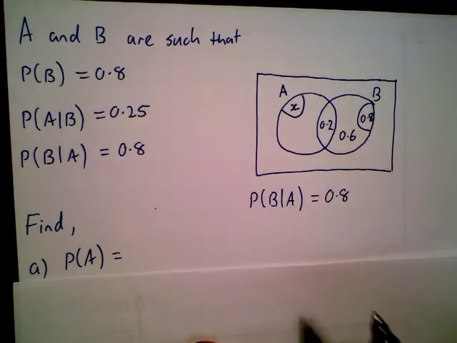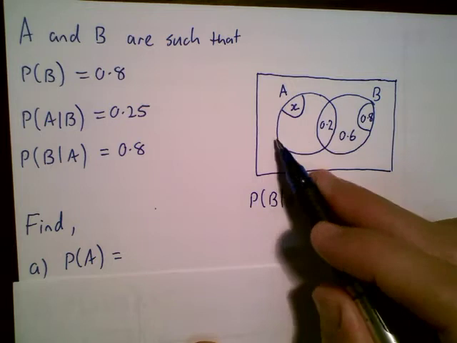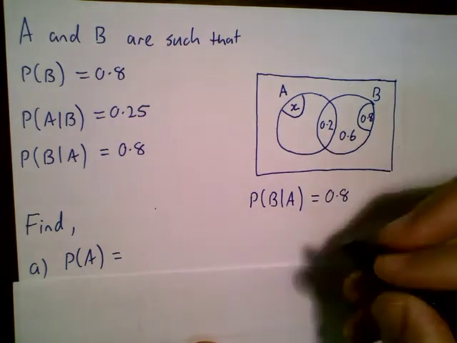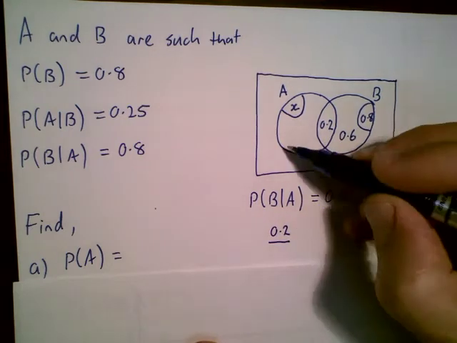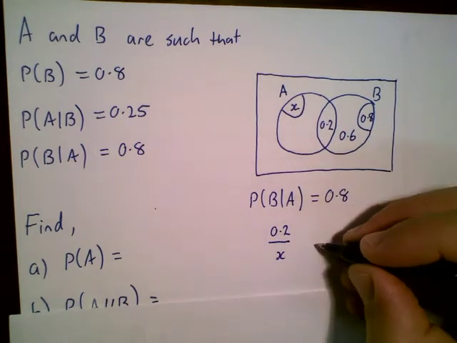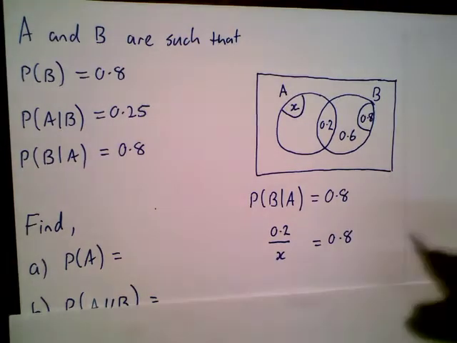In other words, because the condition in this case is A occurring, B is now restricted only to 0.2. So we can say that 0.2 over the new condition, which we've used X, is equal to 0.8.